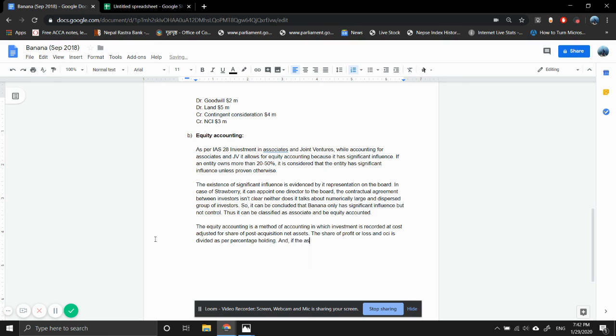And if the associate has sold any inventory to the parent, then PURP is also subtracted.